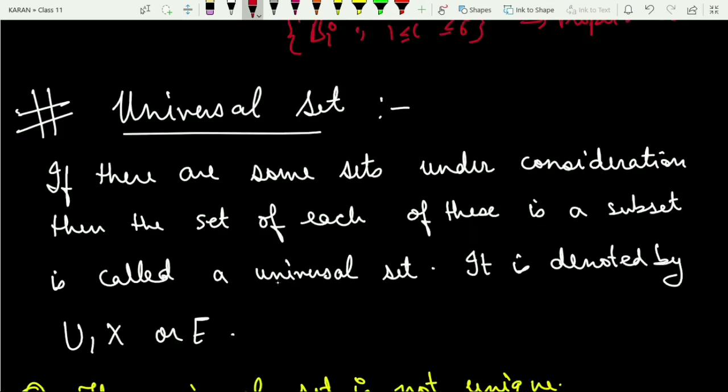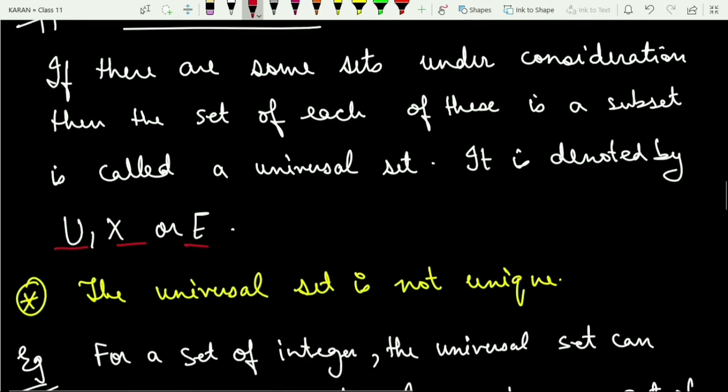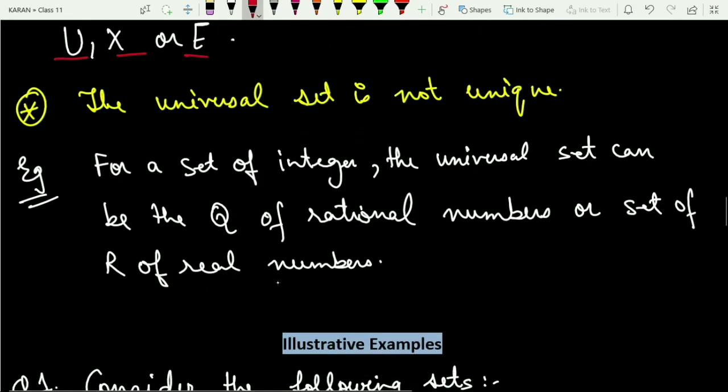Fine. Now moving on to the definition of a universal set. If there are some sets under consideration, then the set of which each of these is a subset is called a universal set. It is denoted by U, X or E. Let me take an example to make things more clear. Say I have the set of integers. Integers can be contained in rationals, or integers can be contained in reals.